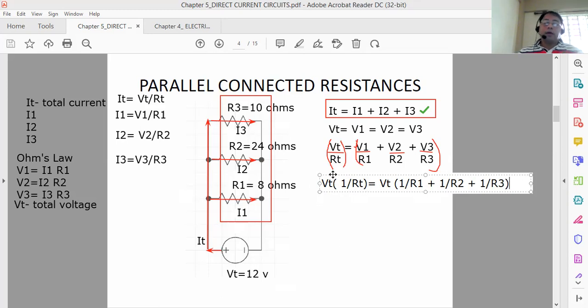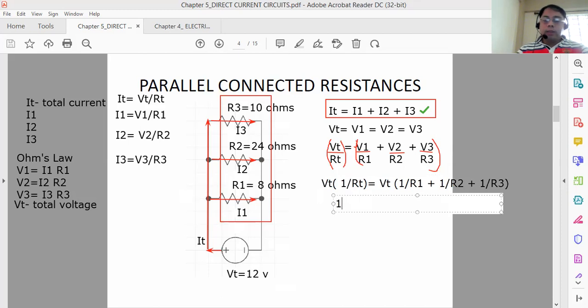Now, you'll notice that after factoring it out, V sub T is found on both sides of our expression. If you divide them by V sub T, then they will cancel out. When they cancel out, what remains is a reciprocal expression where our numerators will all become 1.